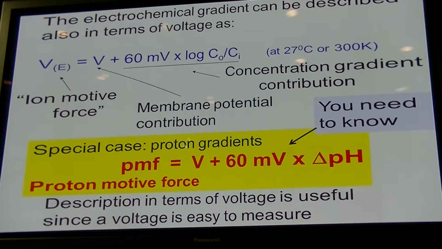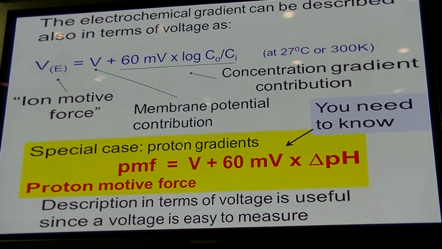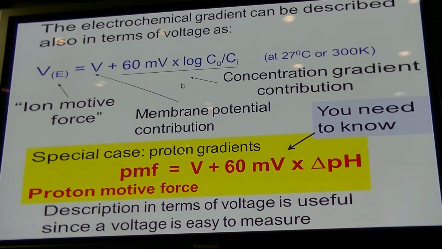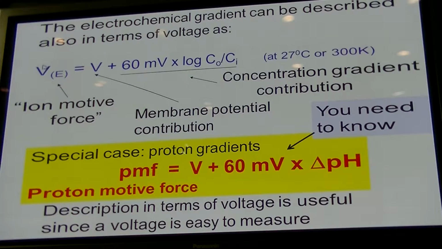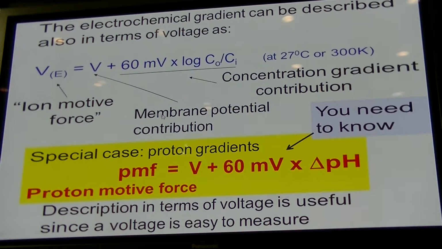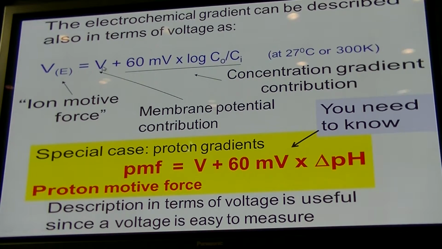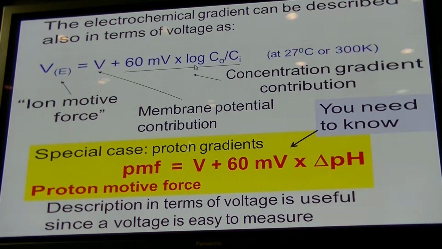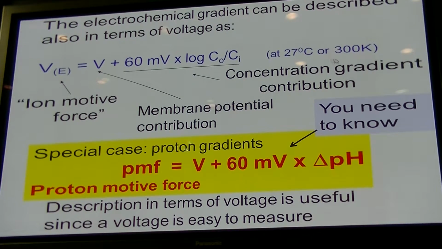So most of the time you divide by the Faraday constant and you get things in terms of a potential. Then the total energy, now in terms of a potential, the voltage, equals the existing membrane potential, taking out Z and the Faraday constant, plus a term for the concentration, and here it is 60 millivolts times the log of the concentration ratio. And this is true at 300 Kelvin again.